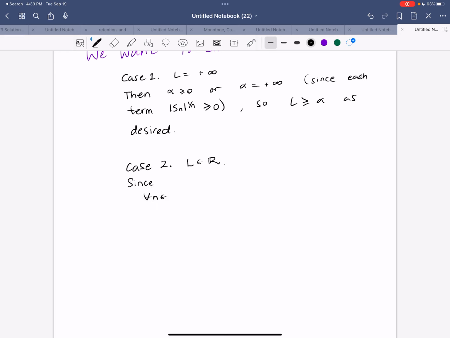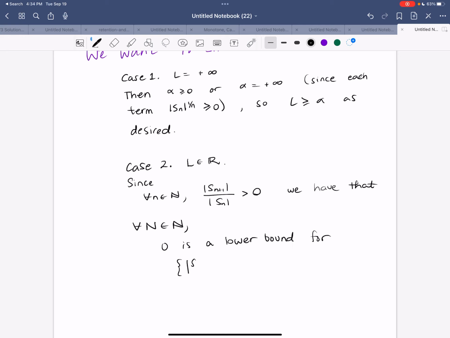So since for each n, the absolute value of s sub n plus 1 over the absolute value of s sub n is bigger than 0, we have that for each n, 0 is a lower bound for the set, the tail end of our sequence.